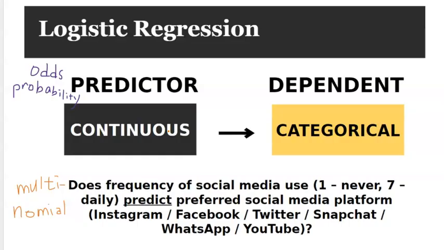But in this kind of regression, you will find the choice of your categorical variable. For instance, here: does the frequency of social media use predict the preferred social media platform? So you will know which one among the different social media platforms will be chosen according to the frequency of social media use.